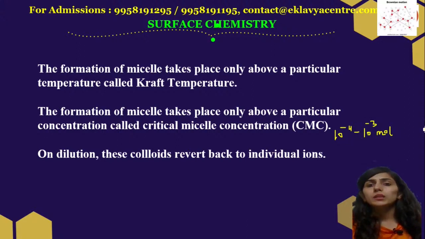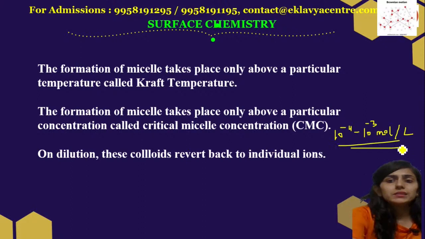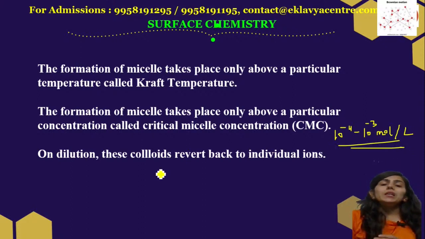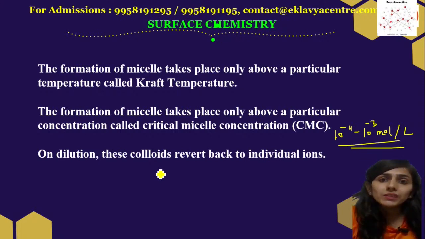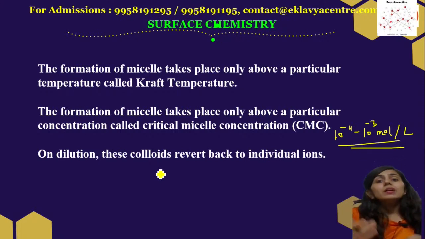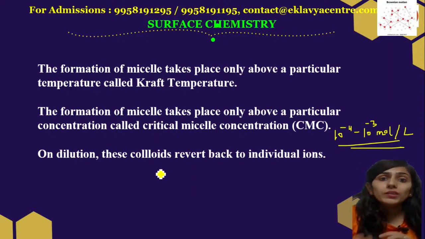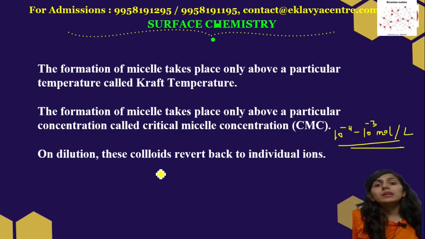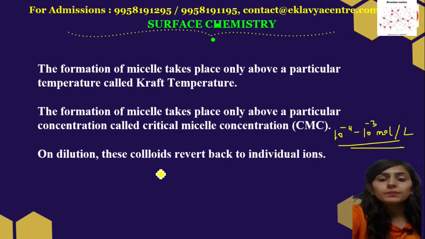This is the CMC value of a soap or detergent. Now just read this: on dilution, these colloids revert back to the individual ions. Means as soon as we increase the concentration, they will form associated colloids or micelles, but on dilution, if we add a large amount of water, they will revert back to the individual ions.